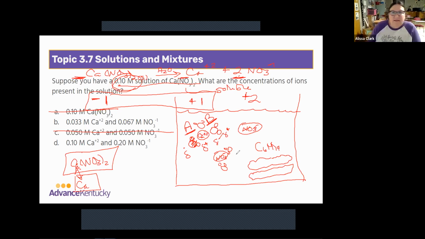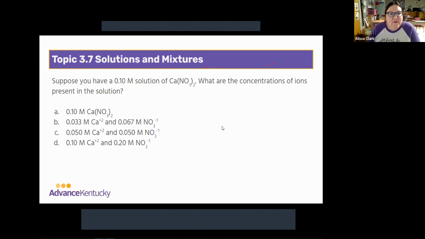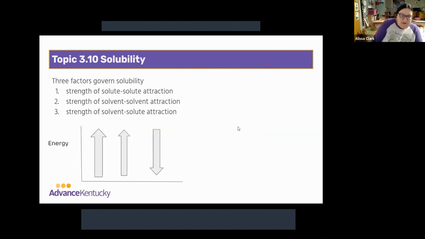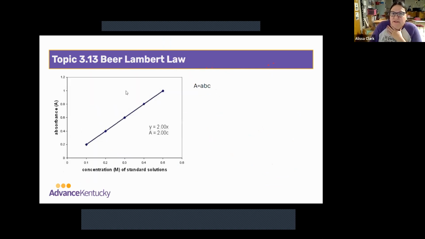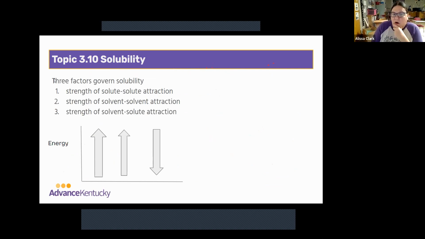The idea, and I'm going to jump forward here a little bit because it still goes along with this idea. When we talk about solubility, we have three factors that are going to kind of govern whether something is soluble or not. We have attractions between the solute particles, which in the case of our example would be the strength of attractions between a calcium positive ion and a nitrate negative ion.